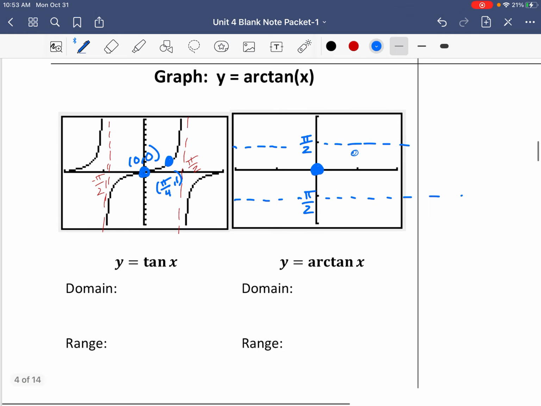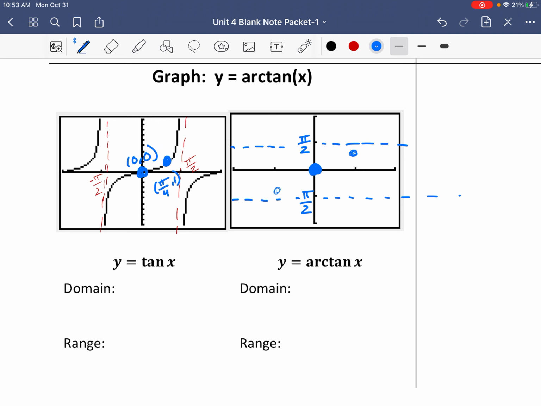Okay, it's going to look like this. I'm going to have the same thing in the negative direction. It's going to look like this. And most importantly is going to be our range. Our range here is going to go from lowest to highest, negative pi over 2 up to positive pi over 2.